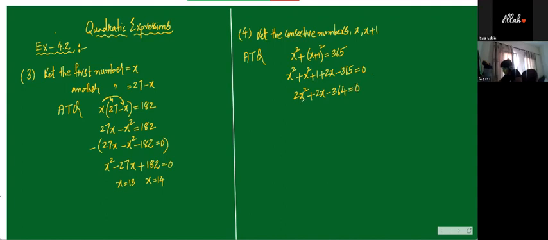It is divisible by 2, so dividing by 2 we get x square plus x minus 182 is equal to 0. Now it is again a quadratic expression. Find the factors the same way as we just did, and tell me the values of x.